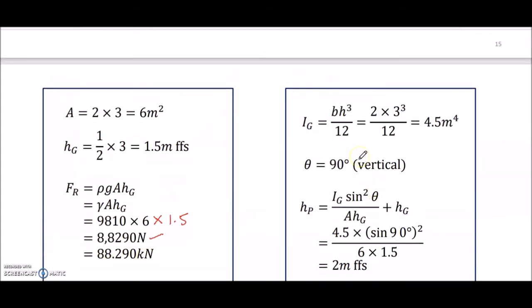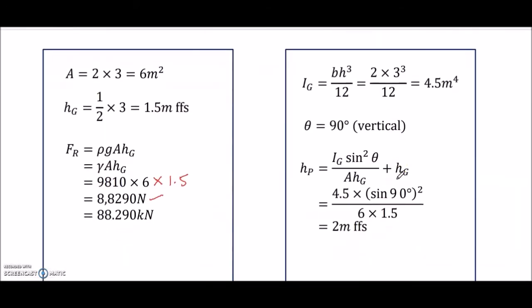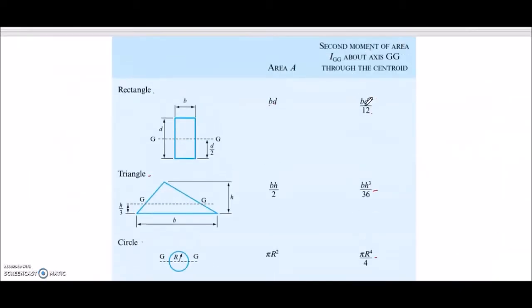So let's look at how to calculate the second one: the hydrostatic force and the location where it is 2 meters below the free surface. For the moment of inertia for the rectangle, we can use this formula, which we can obtain from this table.